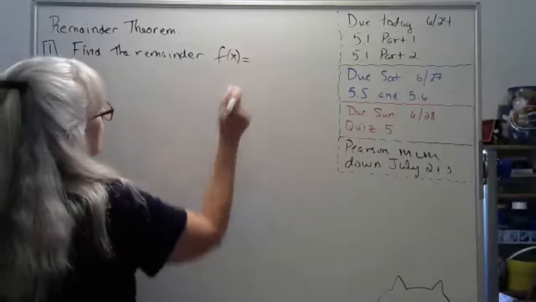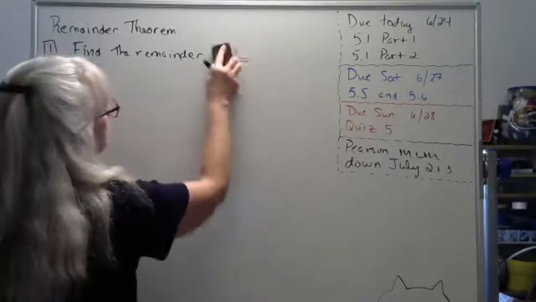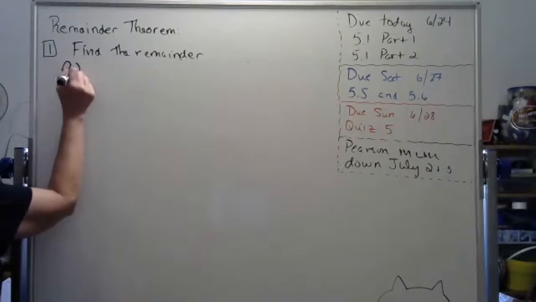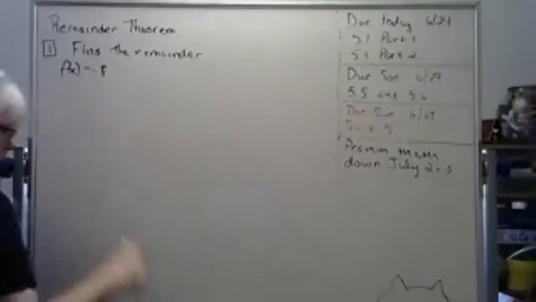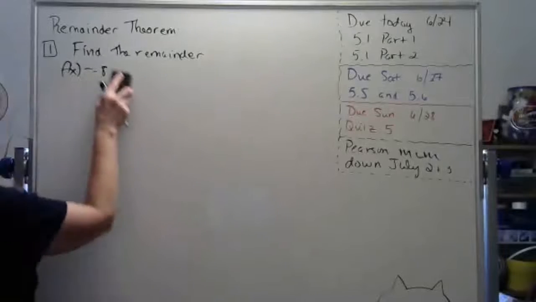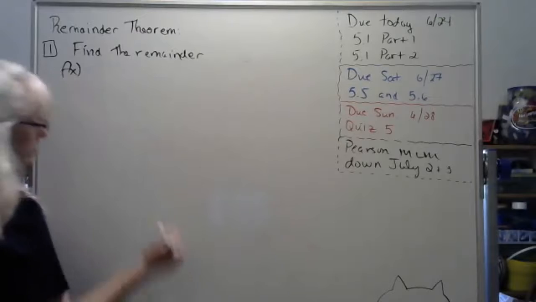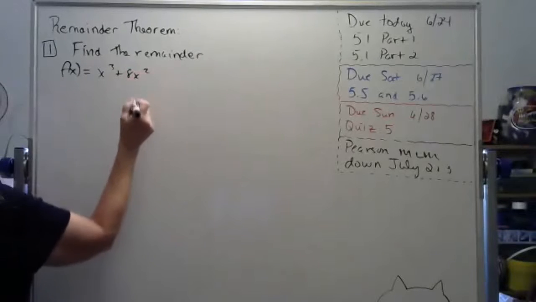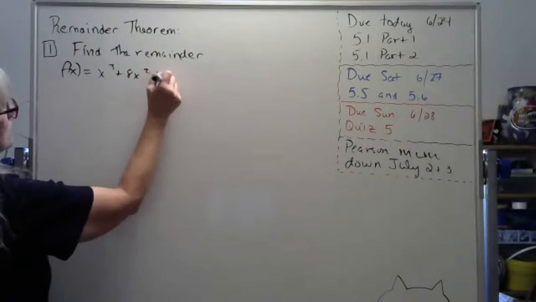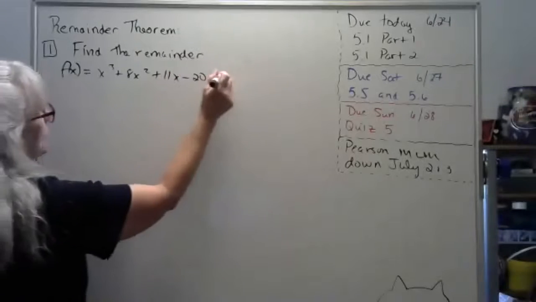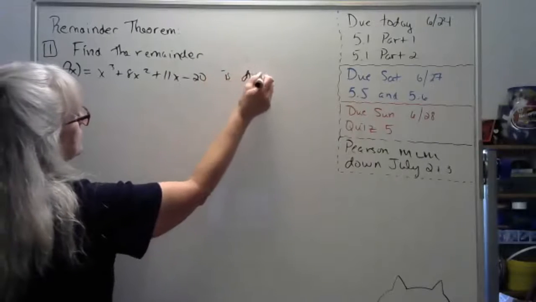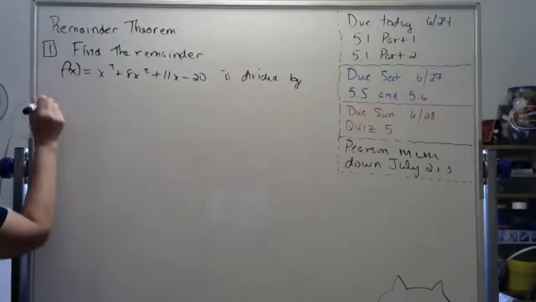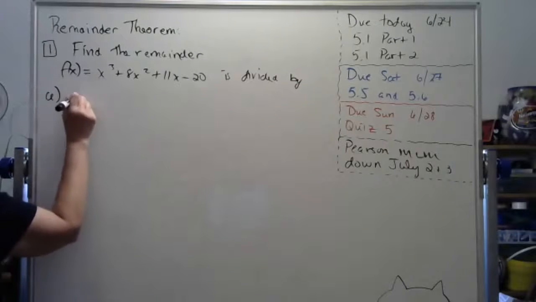If f of x is equal to the polynomial I just had on the board, x cubed plus 8x squared plus 11x minus 20, and we're going to divide it by a couple of things. Part A says x minus 1.